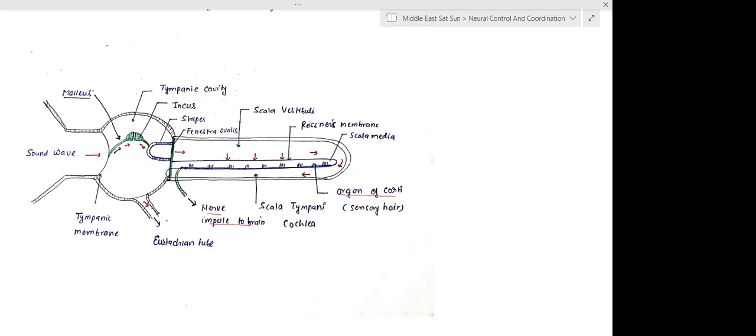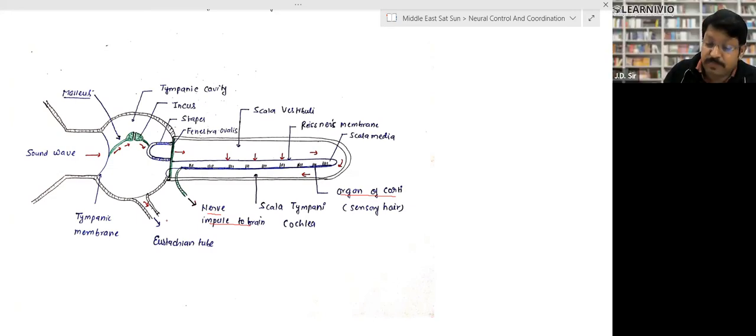And one more important thing: questions will be asked from the eye and ear in your medical exam. You have to be crystal clear with these structures, flowcharts, and processes which I have mentioned. We have covered all of the topics, and these are very important parts.